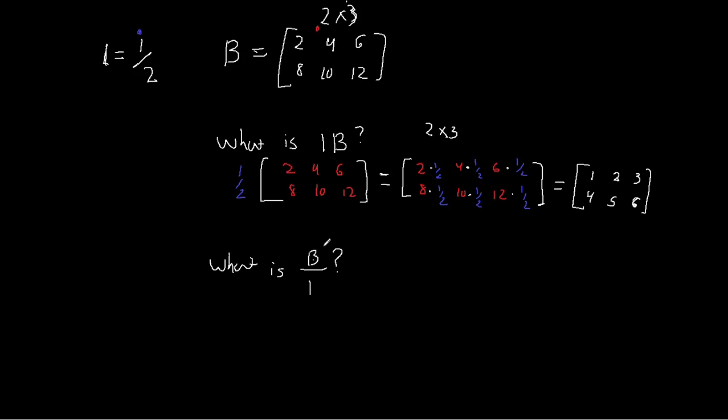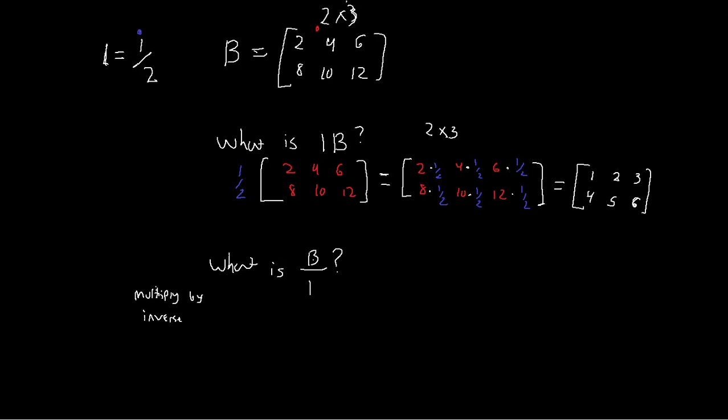So let's look at what would happen if we divided the matrix B by the scalar L. Well, we have to think back to the same way we did before, where dividing by a scalar is the same as multiplying by its inverse. We saw this in the previous example.